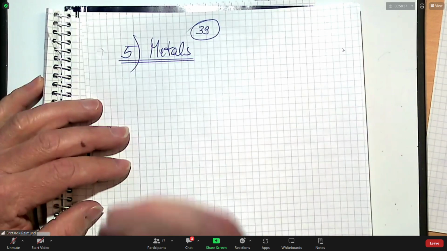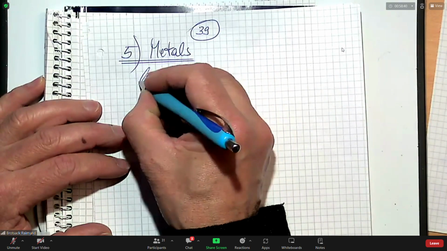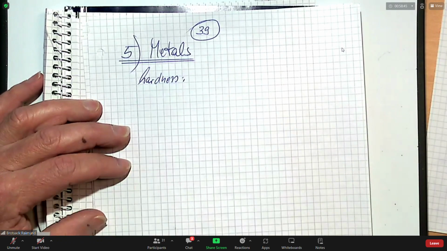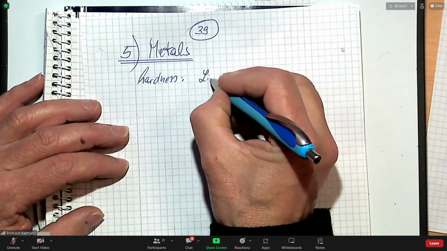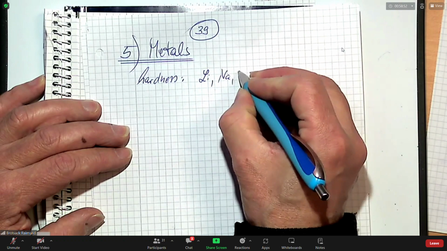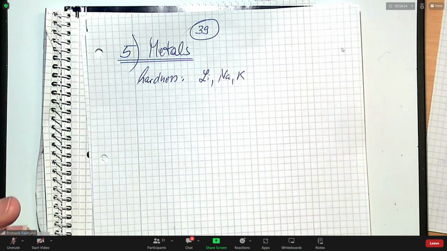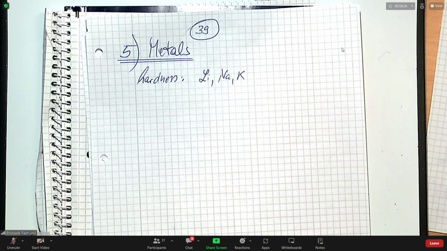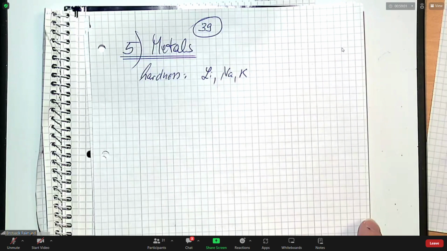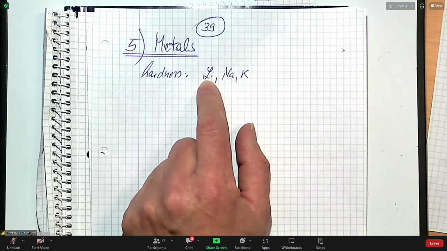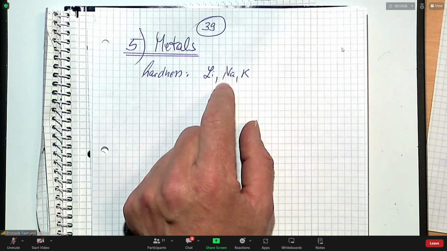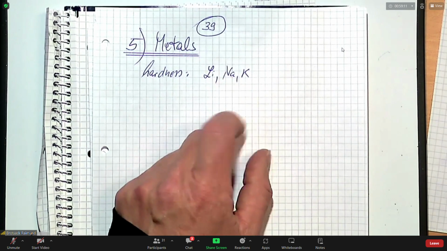For example, one is the hardness. If we have a look at the alkali metals like lithium, sodium, potassium, first of all, we know they are not stable in nature as elements, as elementary metals, because they are oxidized very easily. In contact with air, automatically lithium ions, sodium ions, potassium ions are formed.